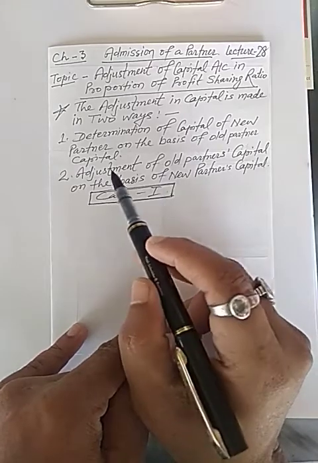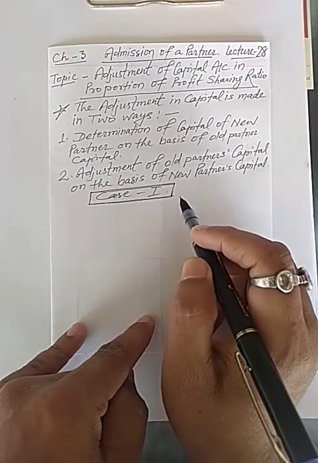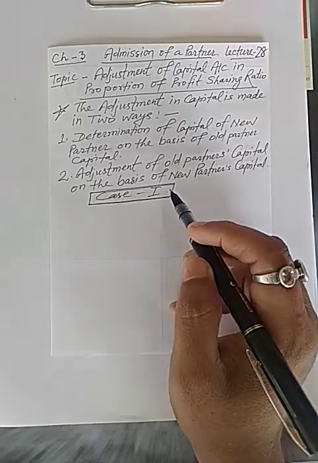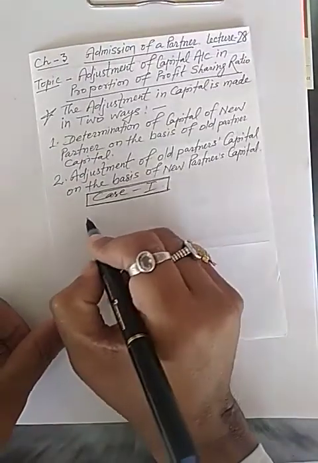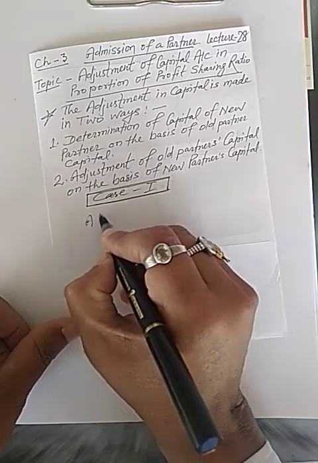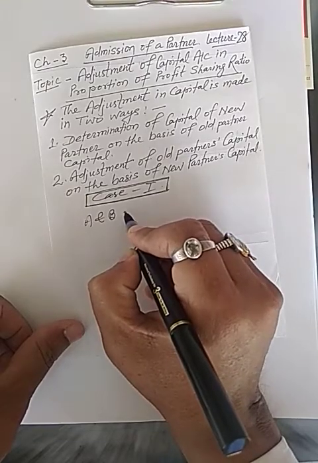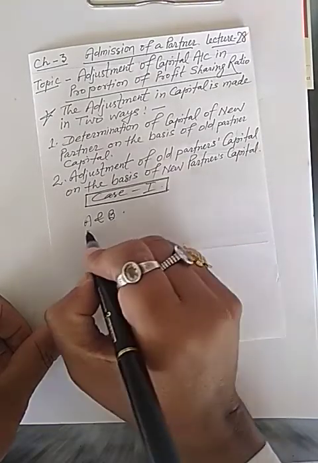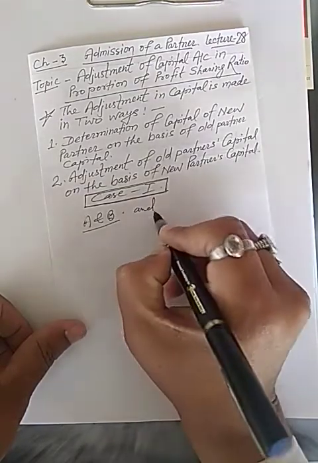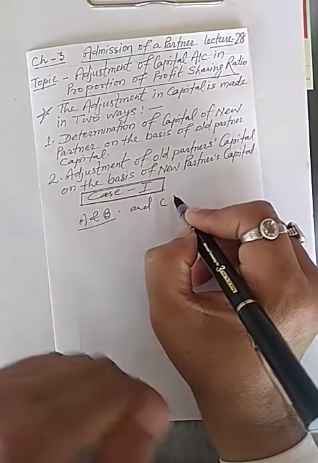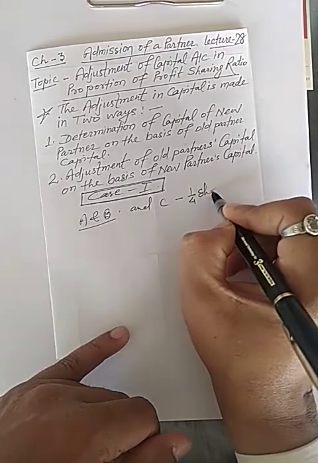So first, see case number first. Suppose A and B are partner in a firm, and C is new partner admitted for 1/4 share.